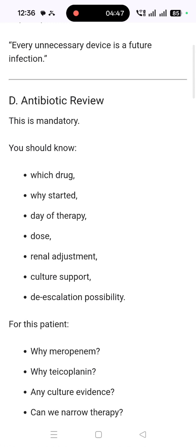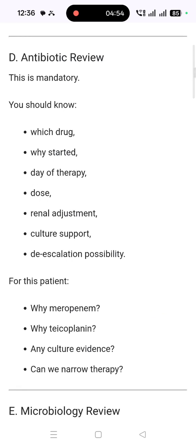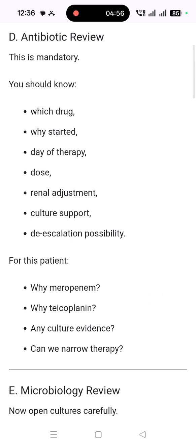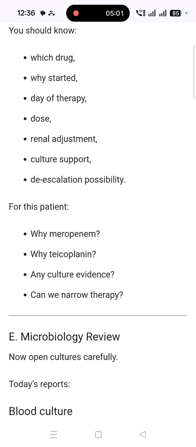Now coming to the antibiotic review. This is mandatory in the pre-round. You should know which drug that patient is having, why it was started, the day of therapy, dose, renal adjustment if required, and culture support. Whatever antibiotic you are giving, you should check the renal investigations, KFT and RFT, so that you know whether everything is proper or not.